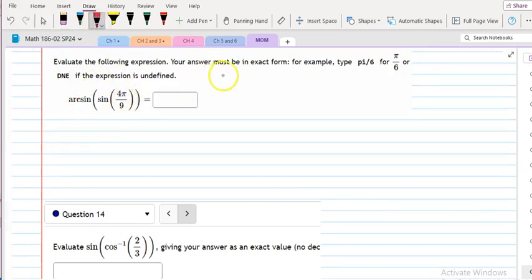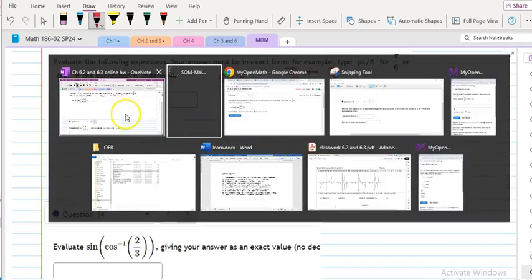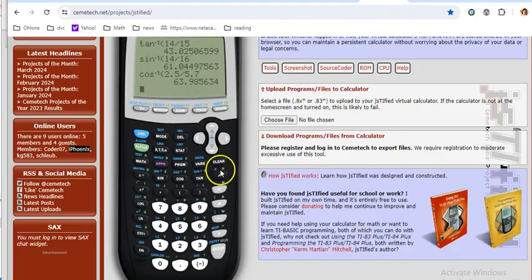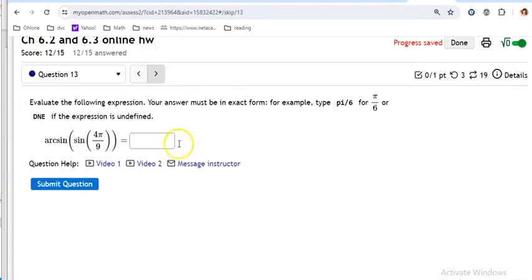So for 4 pi over 9, for sine x, the restricted domain has to be negative pi over 2 to pi over 2. 4 pi over 9 is where? I think it is less than half a pi, right? 4 over 9 is 0.4, so it's less than 0.5 pi, so I can just cancel it.